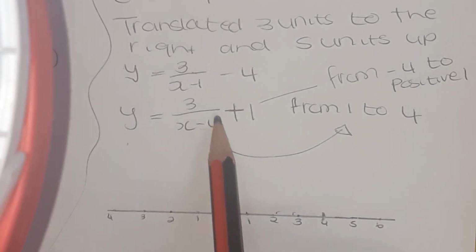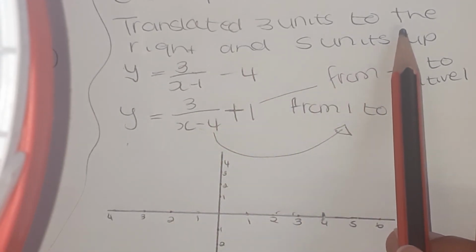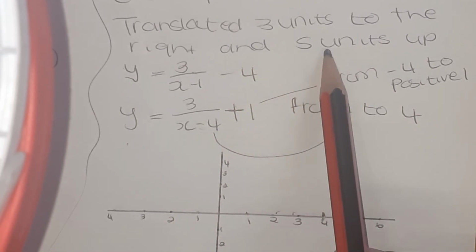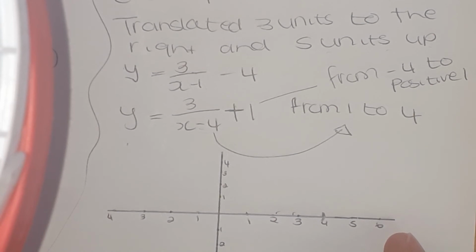That's why we write -4 here. And then we are asked to go 5 units up. So we translate it 5 units up from here. It's 1, 2, 3, 4, 5. So we are at what? 1. You see? That is how you translate.